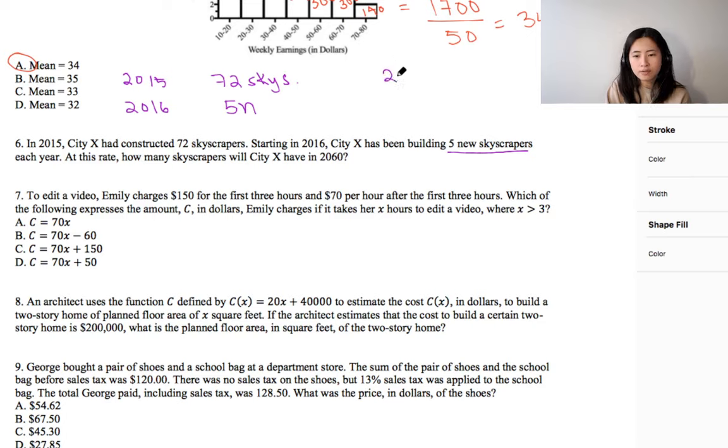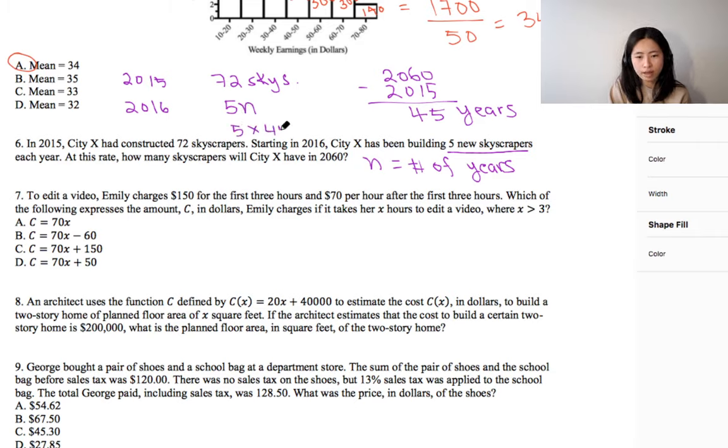And then they're asking you, at this rate, how many skyscrapers will City X have in 2060? So really, all you have to do is subtract 2060 minus 2015, which gives you 45. So you have 45 years in between 2015 and 2060. And we said that n is the number of years, so you need to multiply 5 times 45, and that should give you 225.